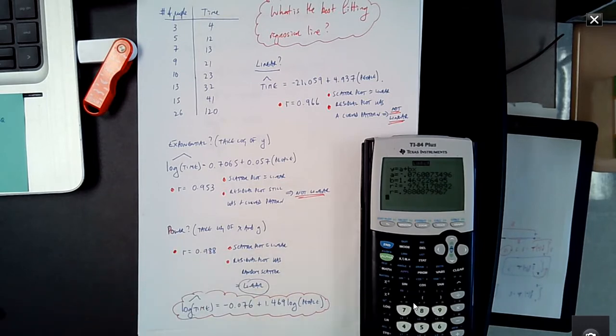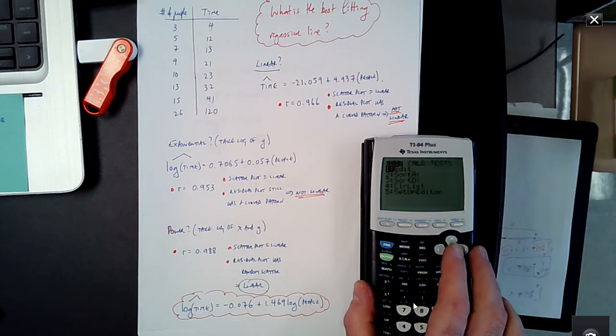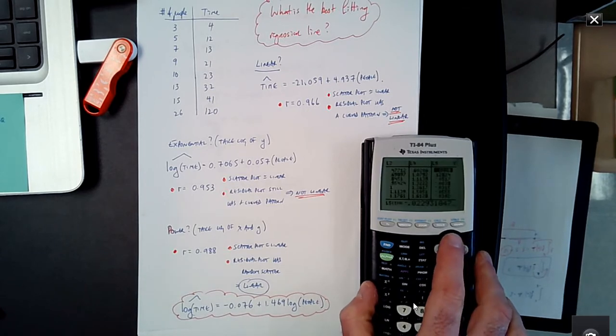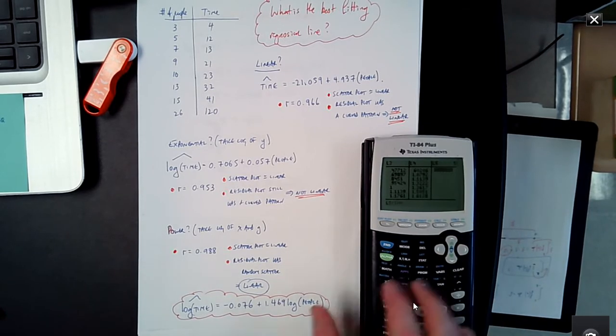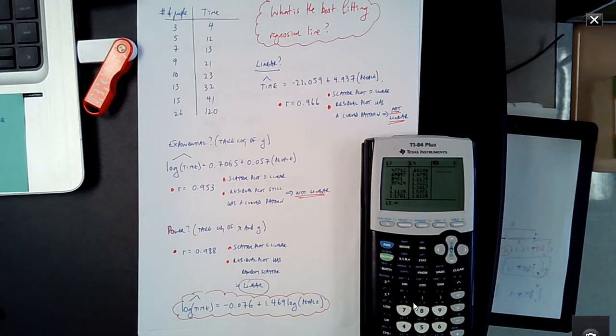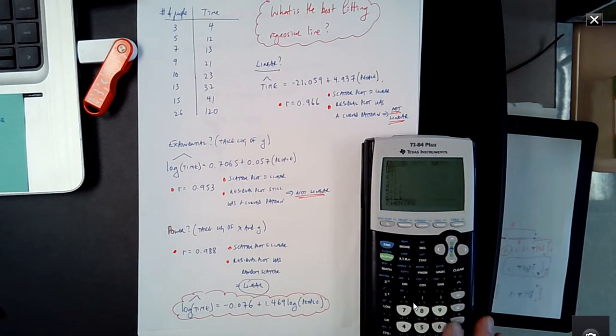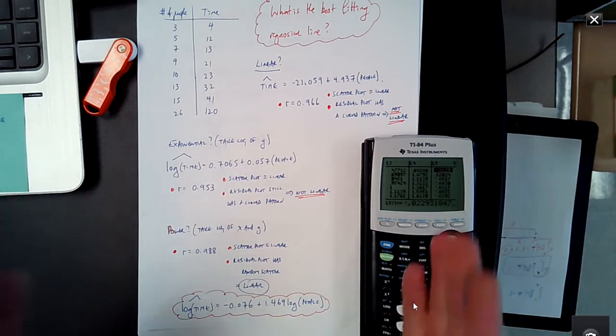We want random scatter. Because I've done the least squares regression, I can go to stat and then go to edit. And this time I'm going to store my residuals in L5. So we'll go up and highlight L5. We'll do second list, and then we'll type in the residuals, and it gives us all the residuals. But I want to compare the X list to the residuals.